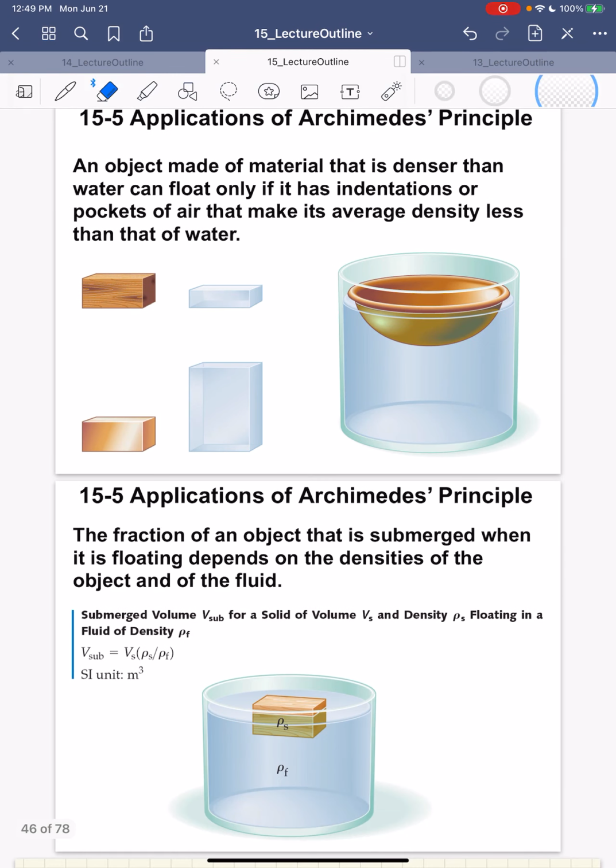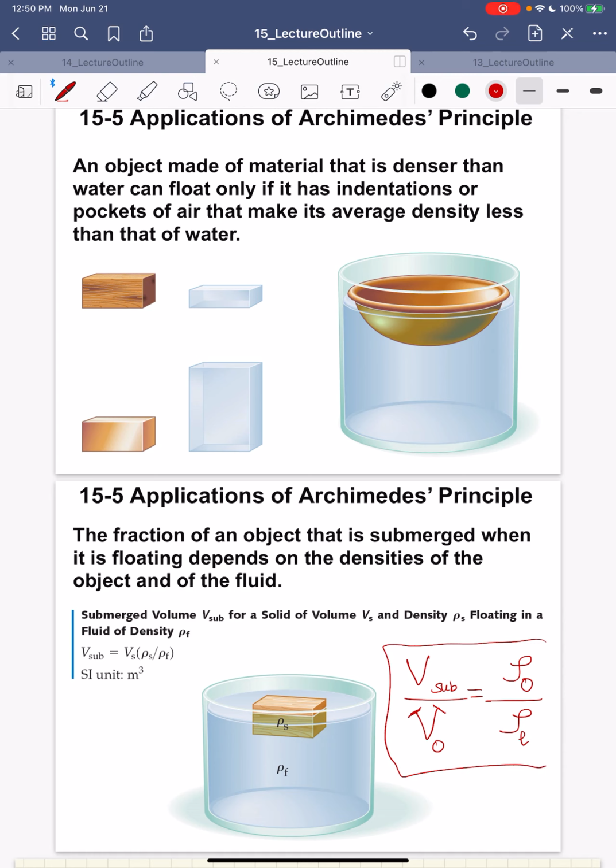We can use that equation, and finally this is the equation for the floating: the submerged volume over the total volume equals rho of the object divided by rho of the liquid or fluid.